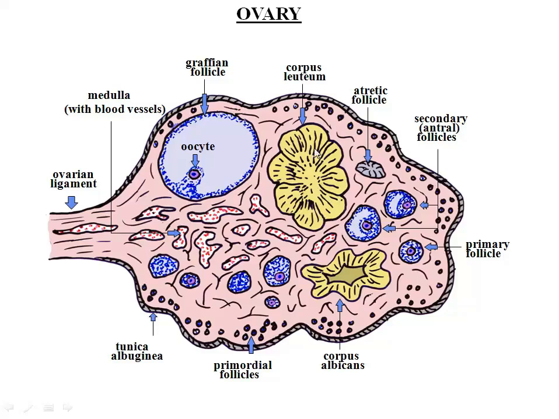If the pregnancy is sustained, this corpus luteum continually produces progesterone till the end of pregnancy. If pregnancy doesn't happen, then this corpus luteum degenerates, and thereafter it is called a corpus albicans. After degeneration of this corpus albicans, it is called the atretic follicle.